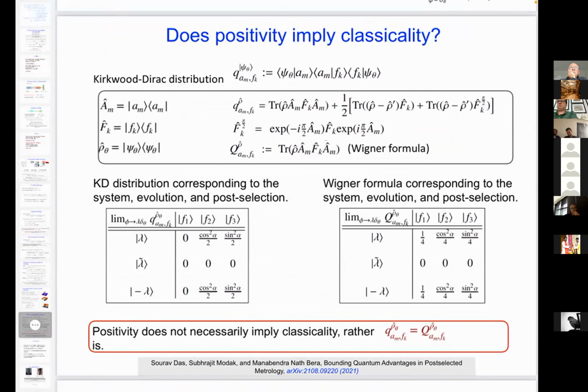We are restricted only to the situation where you have non-compatibility between the system observable and the post-selection observable. You can also have non-compatibility between your state and a particular observable, the state and the post-selection.